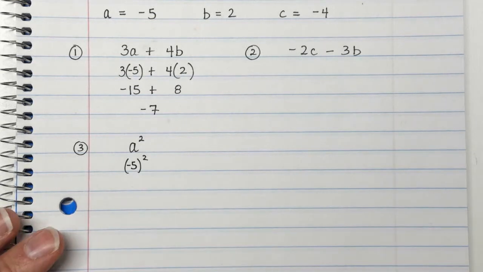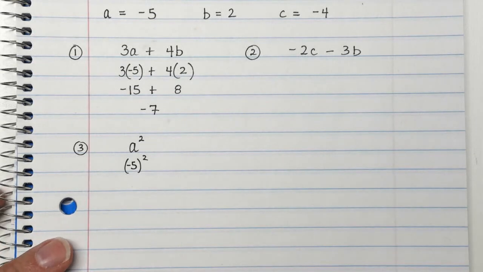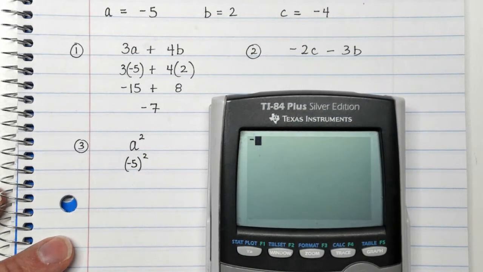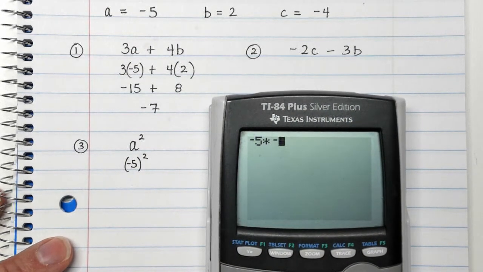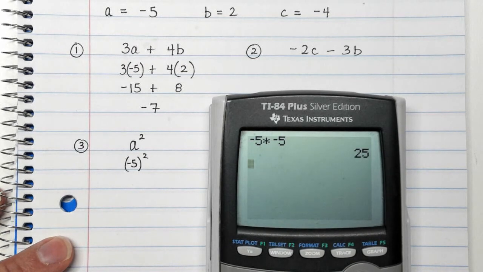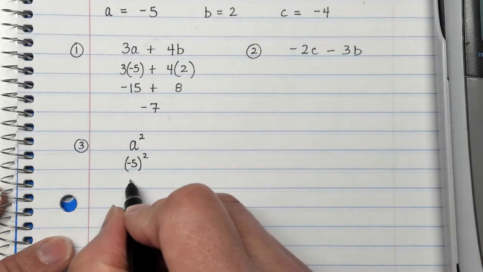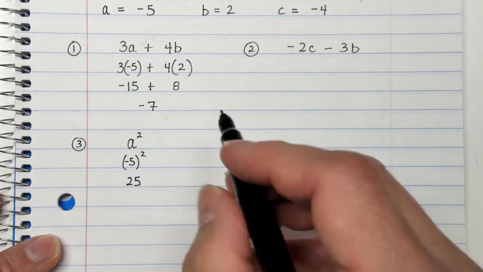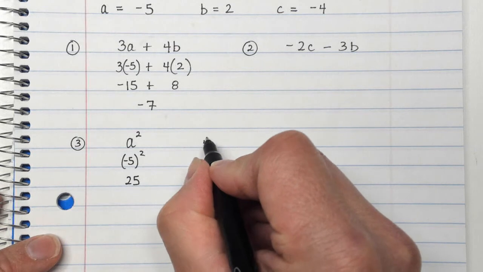Squared means multiplied twice. So it literally means -5 times -5, which is positive 25. Positive 25. Okay?